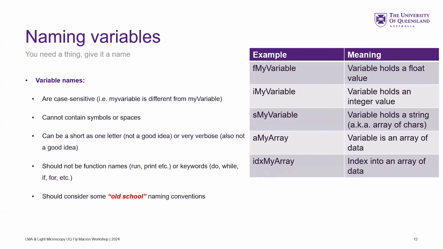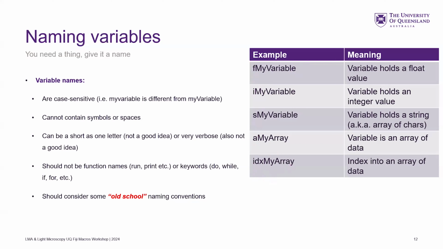That's a nice thing to do, so that future you, when trying to figure out why something's not working, can quickly see, oh, that should be a number, and I'm handing it something called S, which is a string.